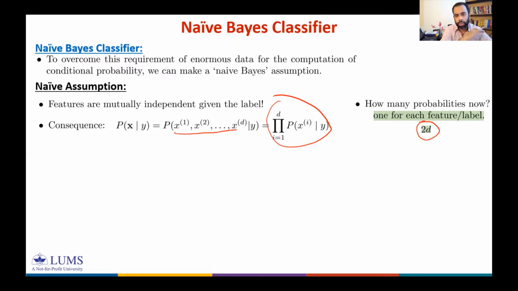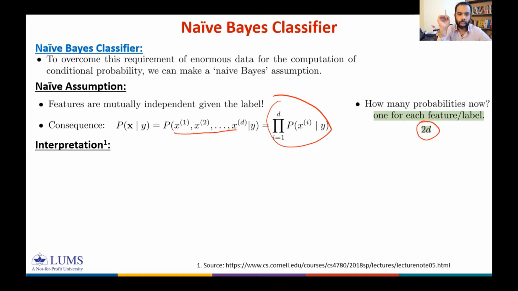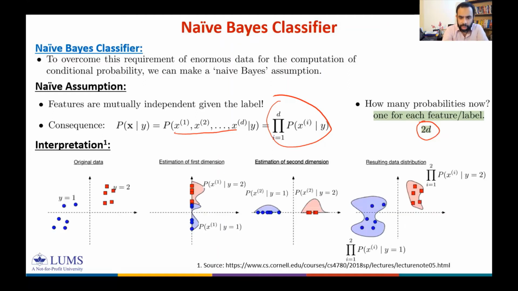Let me show you one interpretation graphically, of how we interpret this computation of joint probability by assuming that the features are independent. Consider this example, which I've taken from these lecture notes. We have this original data. We have a 2-dimensional problem.